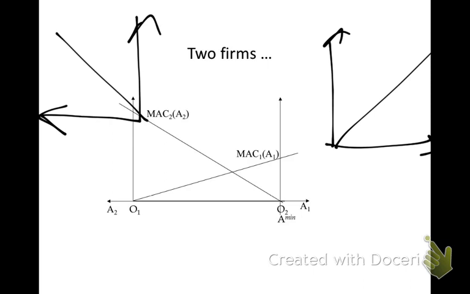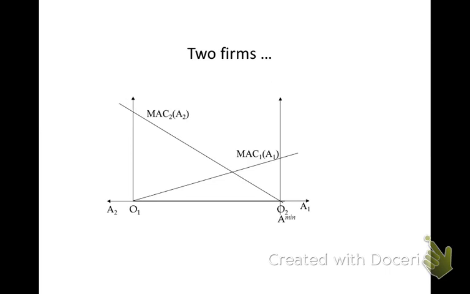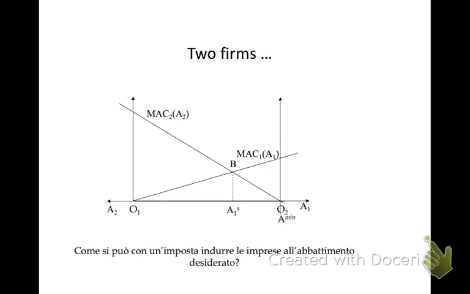And we can combine the two. So by combining the two, we get the distribution of the abatement. That is, we can think that this is A1, the level of abatement of the first firm.